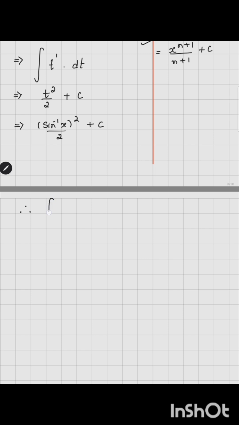Therefore the integral of sine inverse x divided by square root of 1 minus x square dx is equal to (sine inverse of x) the whole square, we write 1 by 2 here, plus the constant of integration. So this is the required integral.